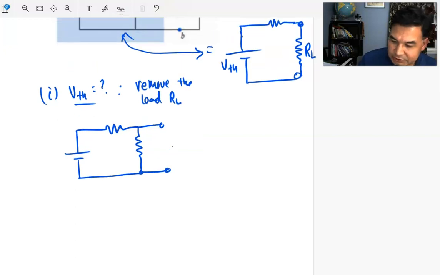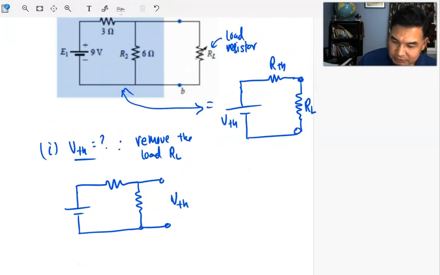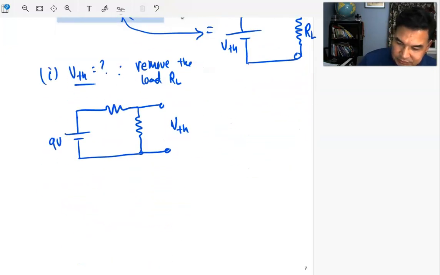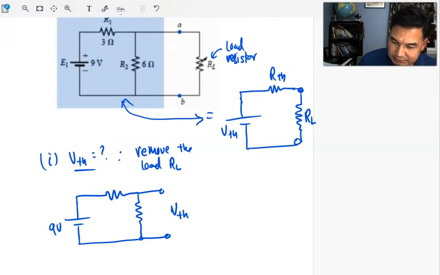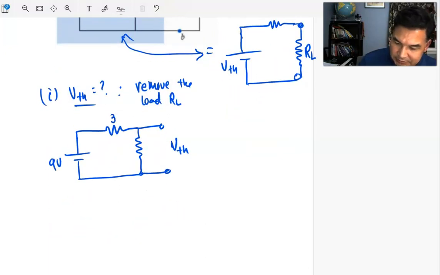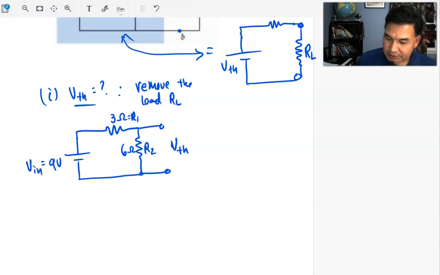Whatever voltage you see from this side is the Thevenin voltage. Your source voltage is 9 volts, with 3 ohms as R1 and 6 ohms as R2.